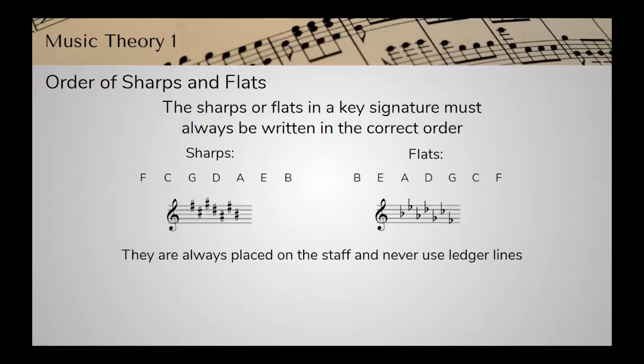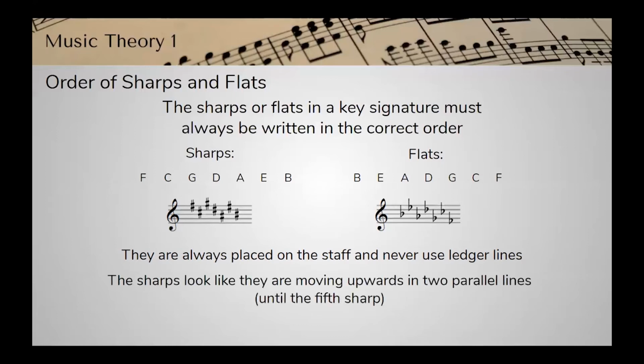Okay, they're always placed on the staff, and they never use ledger lines. So you can see when you're writing the sharps, that A sharp kind of breaks the pattern of going up and then going back down, because we can't write that A sharp above the staff because we'd have to use a ledger line, and that's just not something that's done with sharps. So instead we just lower it an octave so that it's on the staff there. Okay, and the sharps kind of form a pattern.